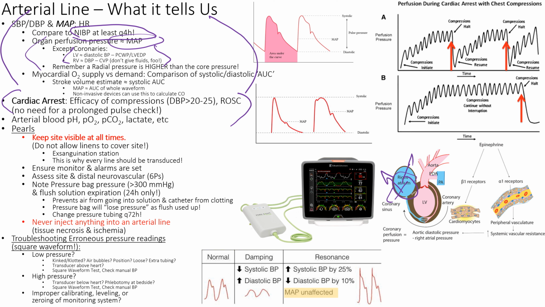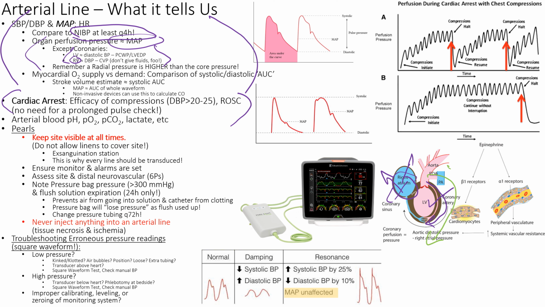Minus the CVP. That's your right atrial pressure, your right ventricular pressure. And then your left ventricle, that left ventricle is all full of fluid and full of blood. It's going to be hampering the forward flow of volume to that ventricle.